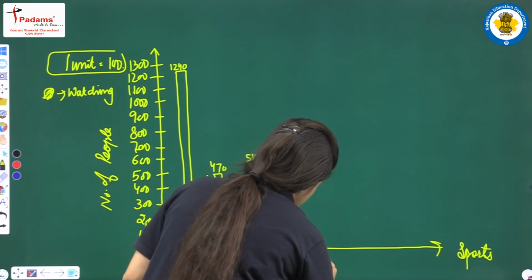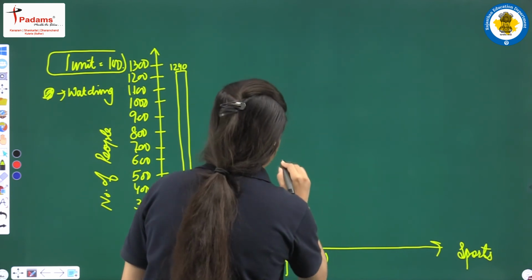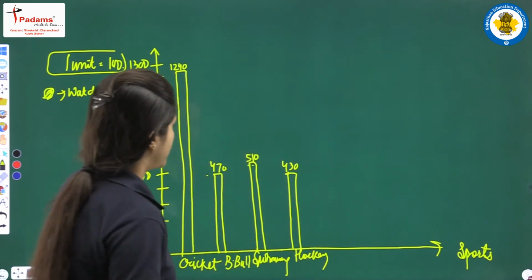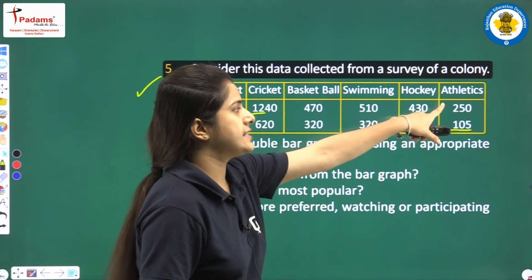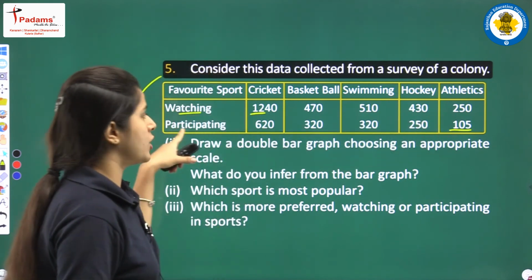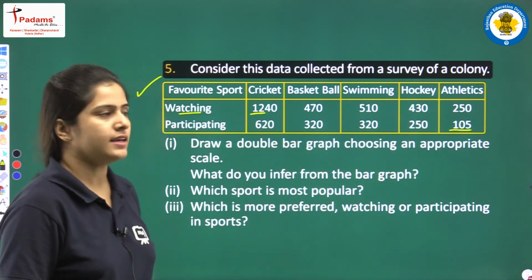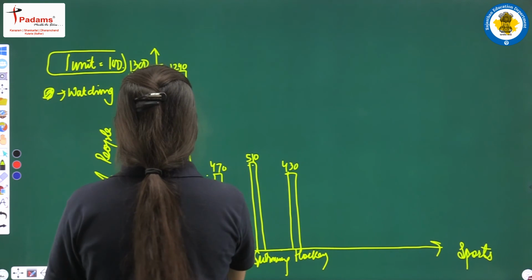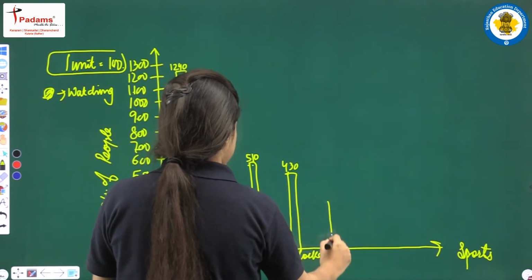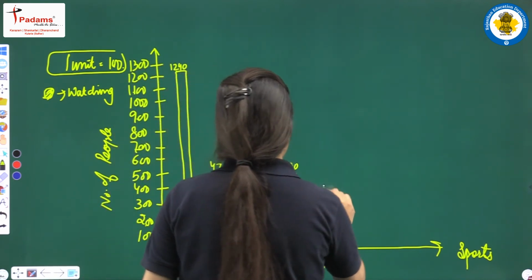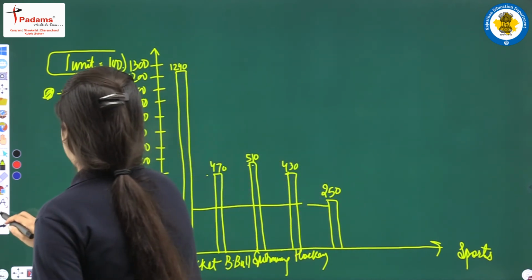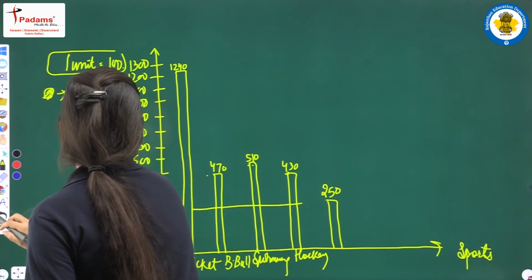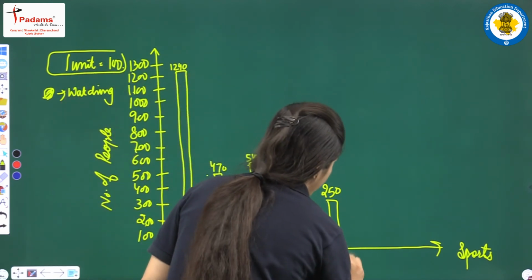All right students, now athletics is to be watched by 250. So 250 is like here, and this is of athletics.